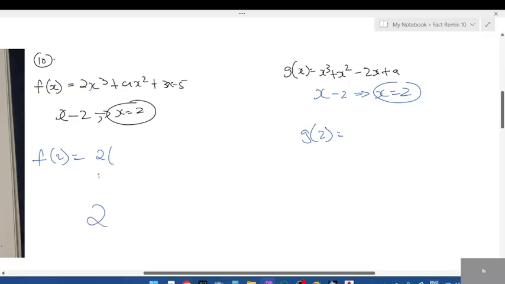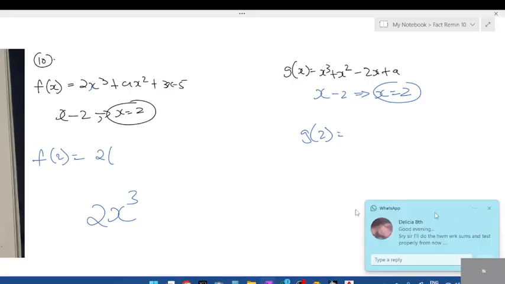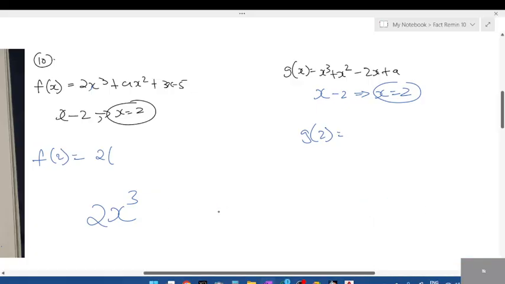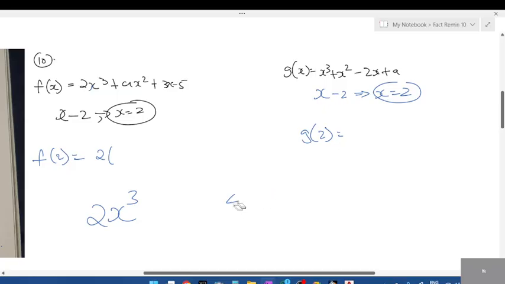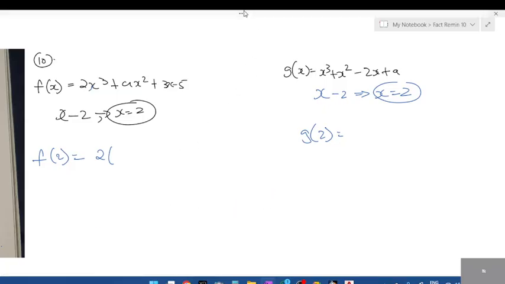And one more thing, I forgot to mention this, especially for these four students. 2x cube is given. If you substitute, x value is equal to 2. This cube is for which one, students? Is this cube only for a or even for this 2? Only for x, not a.